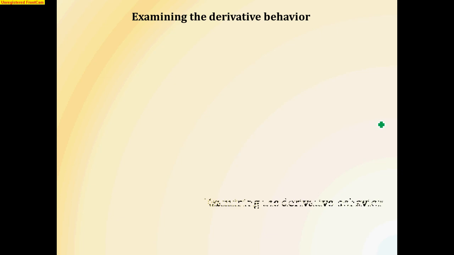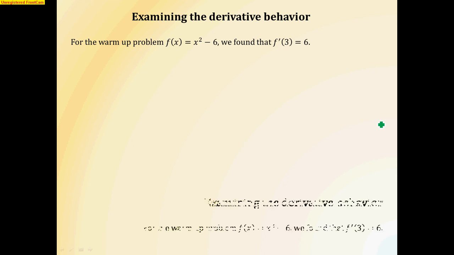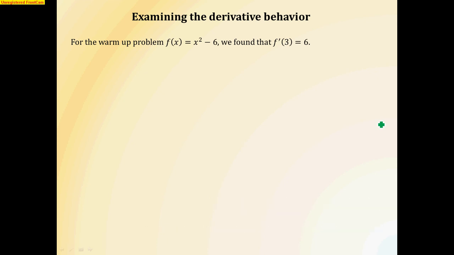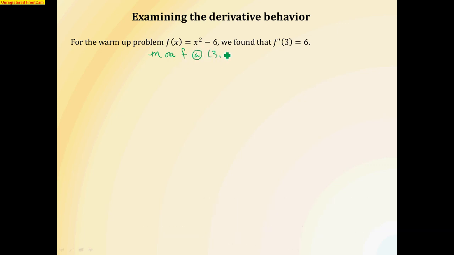Let's examine derivative behavior with something even simpler. So, we had the warm-up x squared minus 6, and we found that the derivative, the slope, at 3, the point of tangency, was 6, right? The slope on f at 3 was 6.